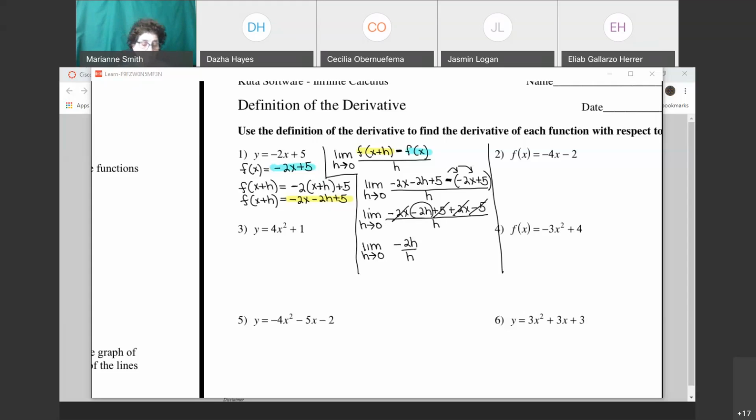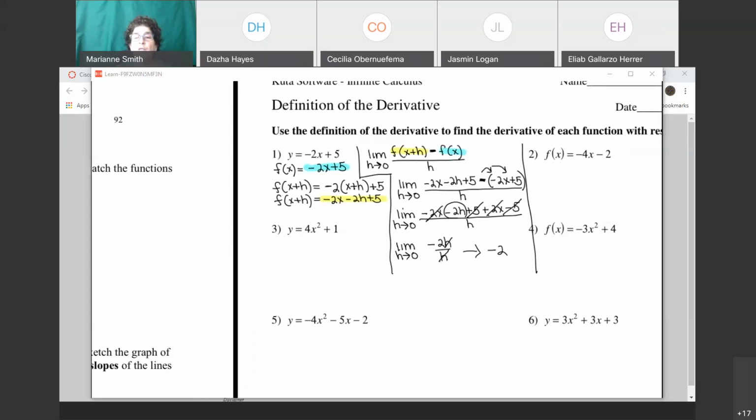Okay. Now what can I cancel out here? Yeah, cancel out the h. It doesn't even matter if you let h go to 0 because there's no h in the expression anymore. You've got the limit of a constant, and that's just negative 2.